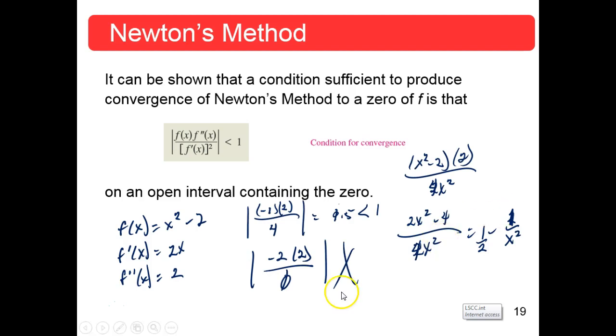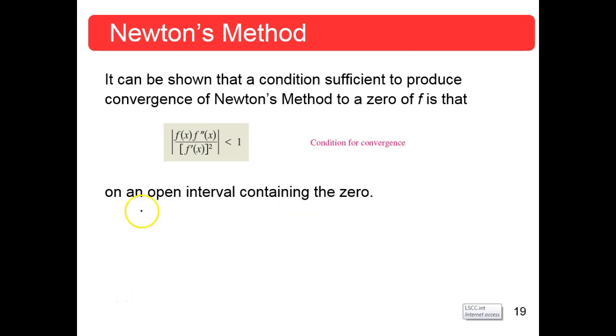Whereas the other one that we did, f of x equal x to the 1/3, f prime of x was equal to 1/3 x to the minus 2/3, and f double prime of x is equal to, you tell me. What's the second derivative?